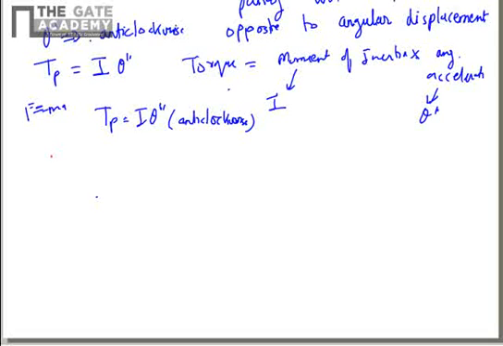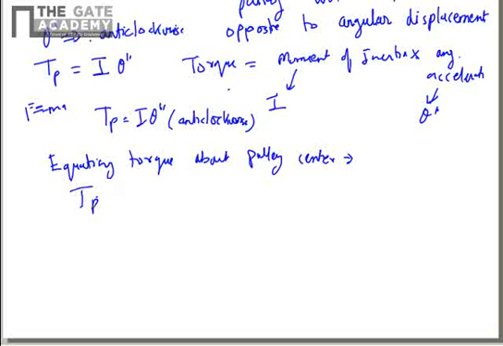So now by force balance, all these forces should be equal to 0. So equating torque about the pulley center, we will get Tp plus Tw1 plus T spring equal to 0.